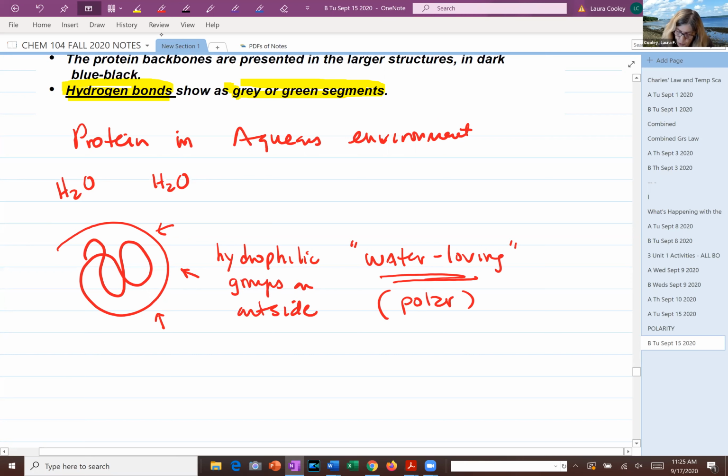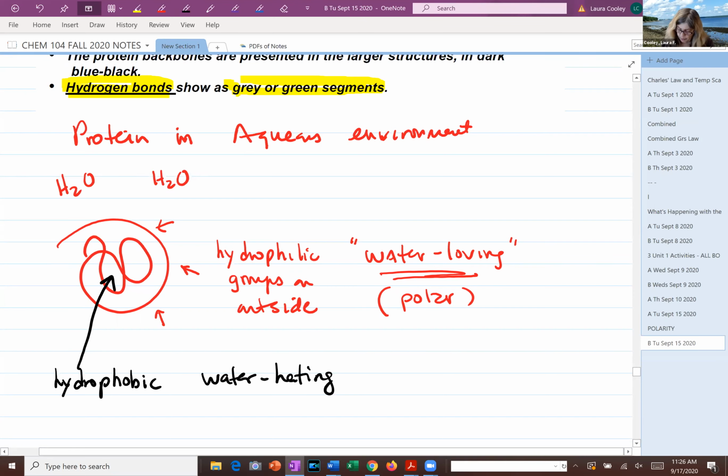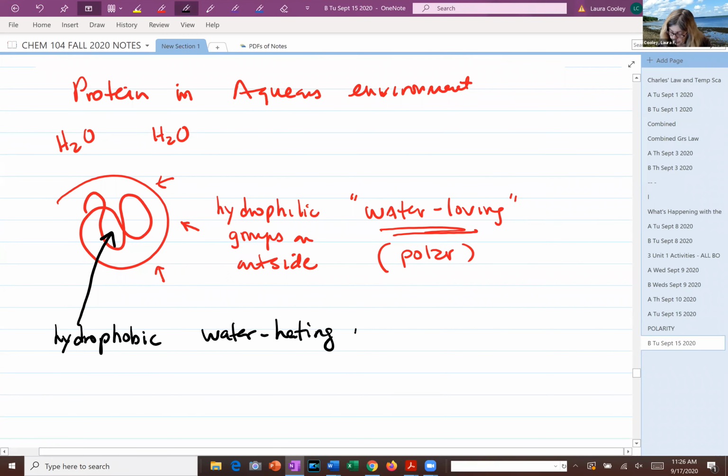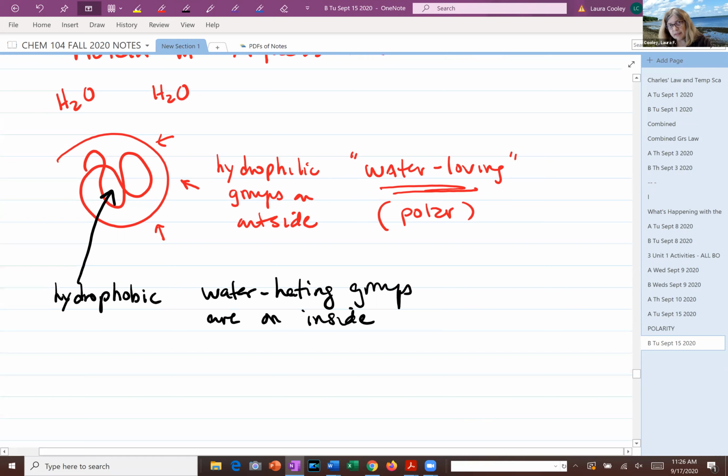And then the more hydrophobic, meaning water-hating, or water-fearing, groups are on the inside. That's generally the way it works in an aqueous environment.